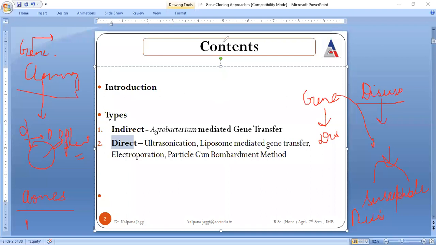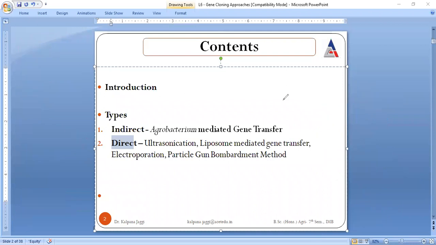So whatever feature you want to improve, that feature can be improved by isolating a particular desirable gene, and then making multiple copies of it, and those multiple copies of the gene in turn can be inserted into the host, and here host is plant.